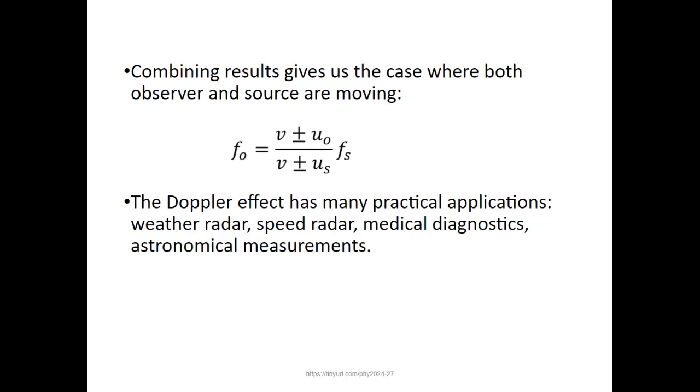That applies not just to sound waves, but to electromagnetic waves. We can see how far or how fast a particular star is moving away or towards us by using the Doppler effect. We can see the color change of that light, which you can refer to as either a red shift or blue shift.